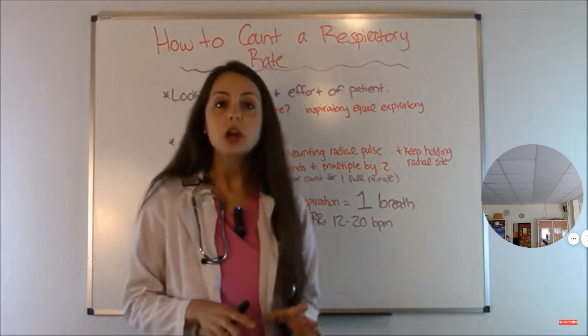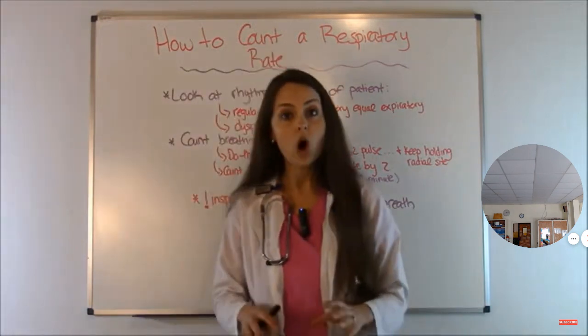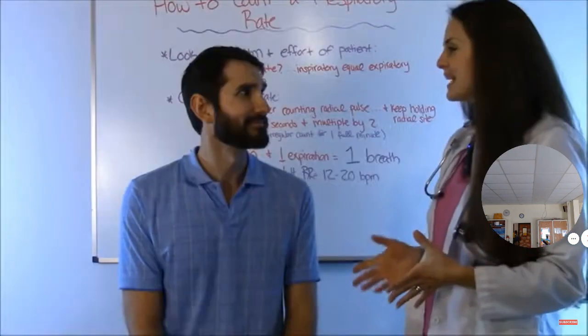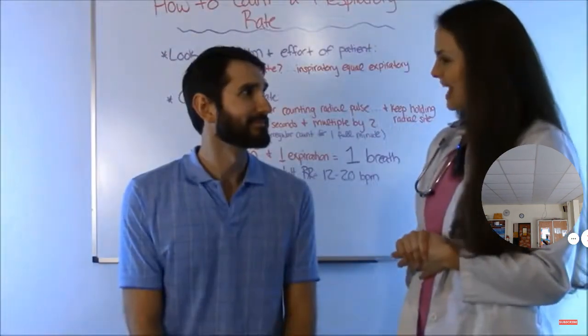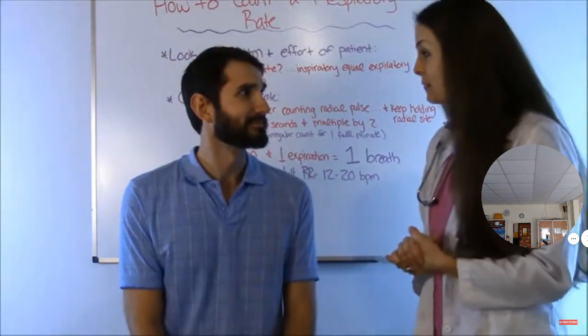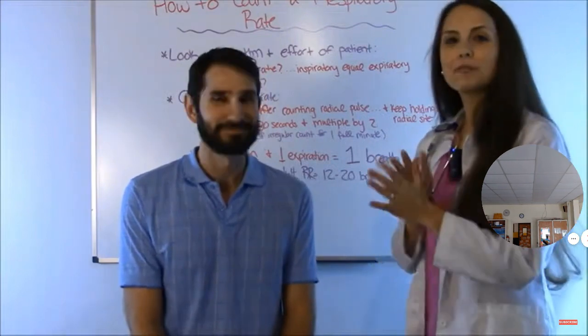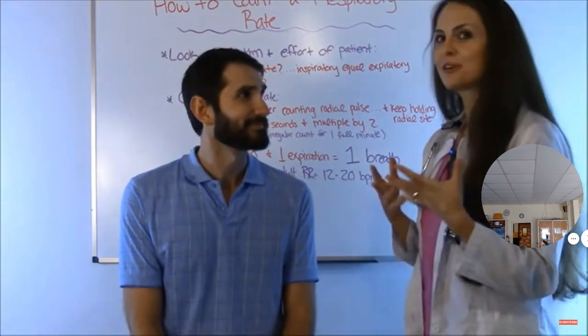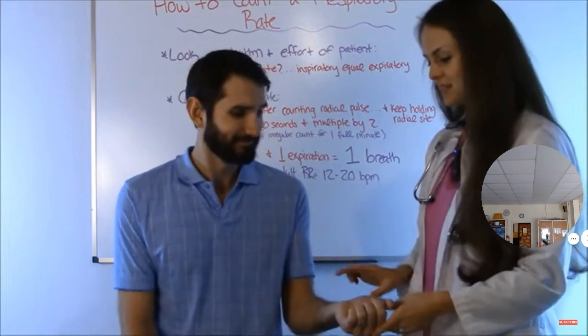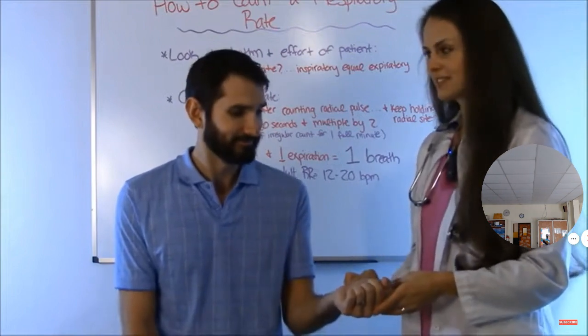Now let me show you how to count respirations on a person. Hi, my name is Sarah, and I'm going to be your nurse today, and I'm going to take your vital signs. Is that okay with you? Absolutely. Okay, so I've performed hand hygiene, and we're going to get his vital signs. So let me see your wrist, and I'm going to feel your pulse.